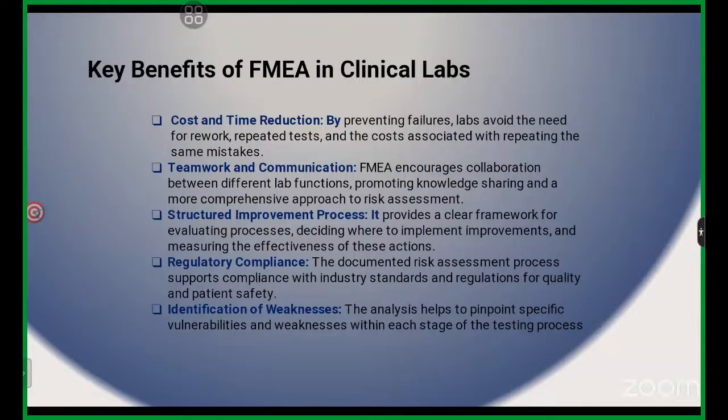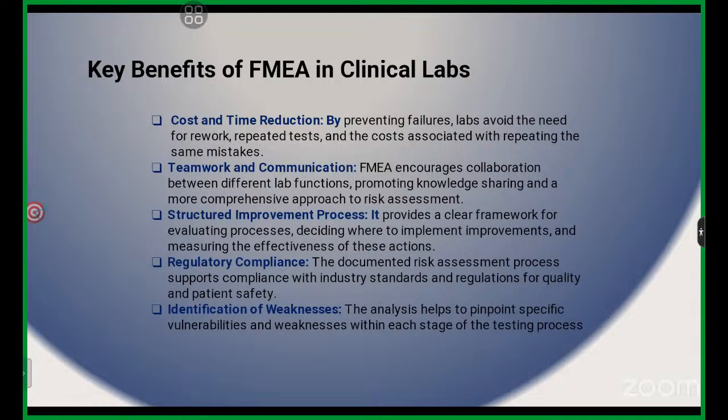It can be a regulatory framework for compliance, especially by maybe our regulator, and it can be used by PT, the proficiency testing providers. It can be used by certification bodies.